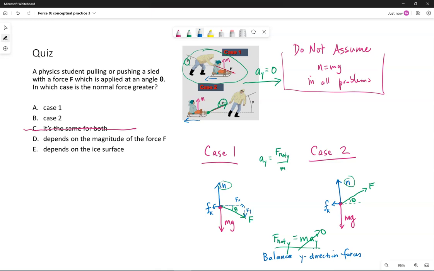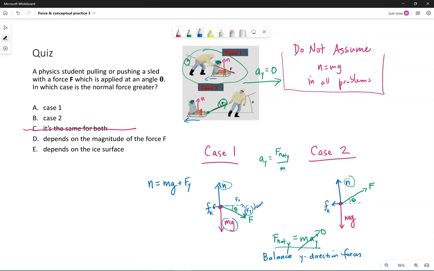In terms of balancing the y forces, the normal force is the only upward force, so that needs to be counteracting mg down and Fy down, the y component of this pushing force.